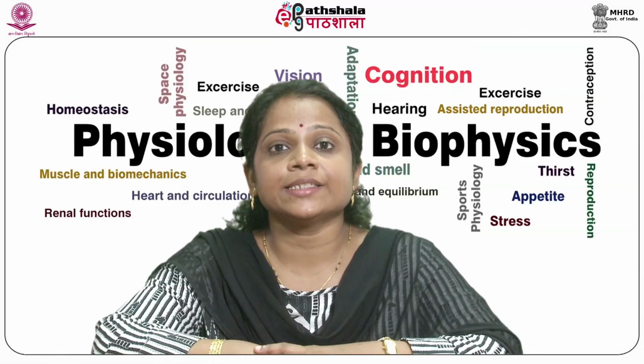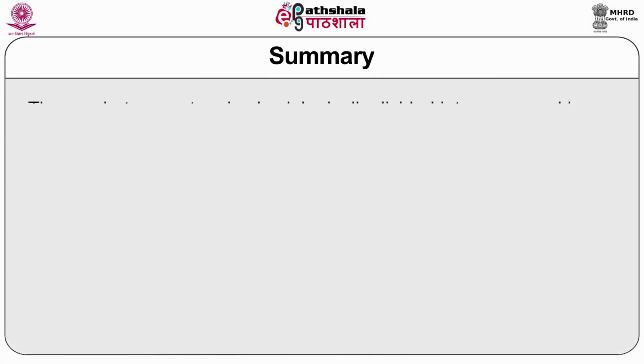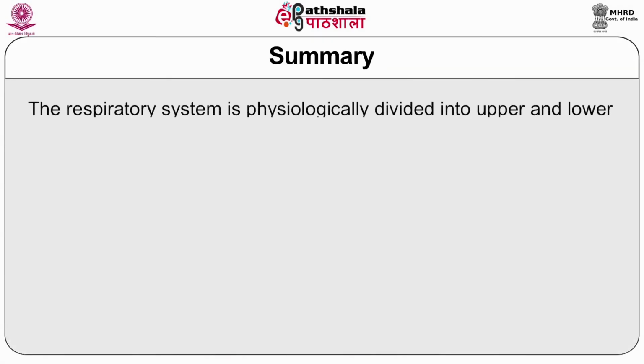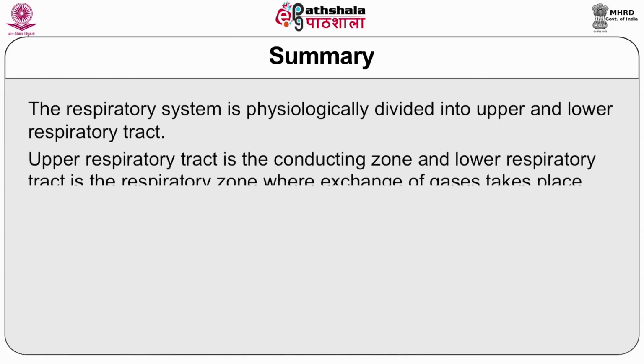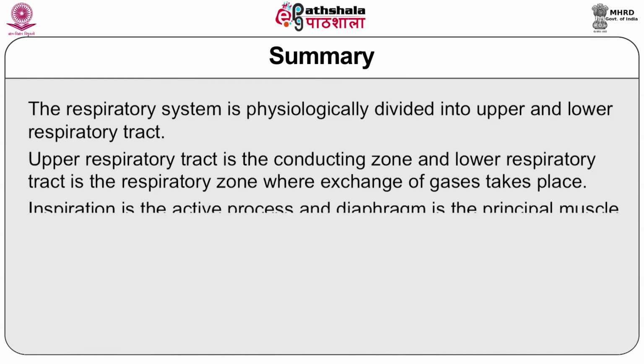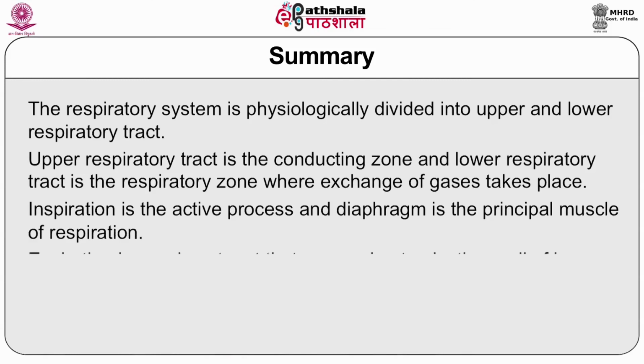Now, let us summarize the lecture. The respiratory system is physiologically divided into upper and lower respiratory tract. The upper respiratory tract is the conducting zone and the lower respiratory tract is the exchange zone. Inspiration is the active process and the diaphragm is the principal muscle of respiration.